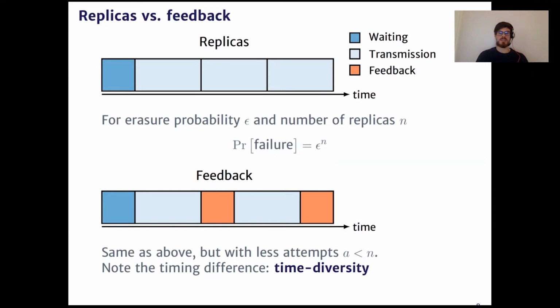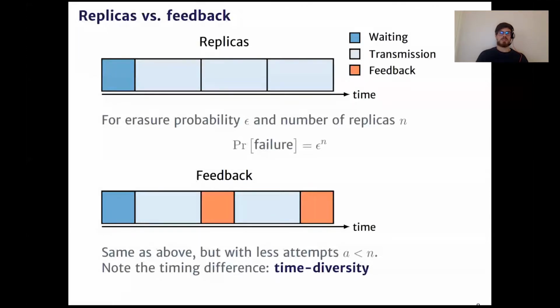So one of the big questions here is, what should we use if we can perform several transmissions for a single packet? Should we use replicas, or should we use feedback to perform retransmissions? If we use replicas, we have this waiting time, and then we simply take our packet that we want to deliver quickly and transmit it, for example, 3 times in the figure.